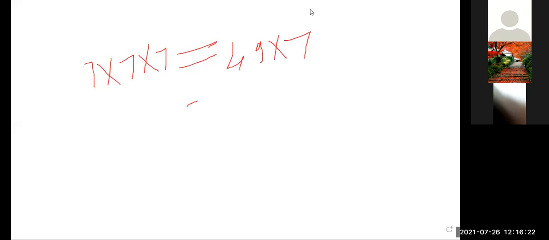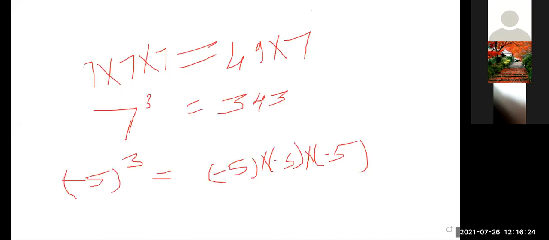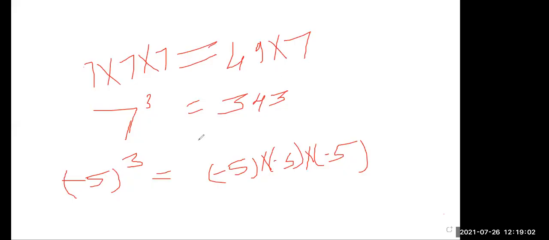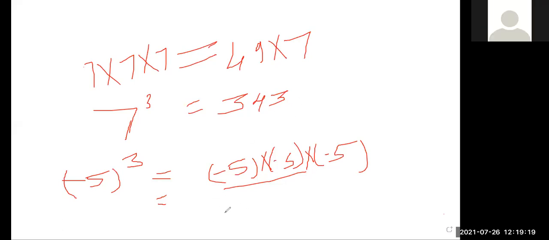Hey, who's speaking in the middle? Now, here we have to take the cube of minus 5. So minus 5 into minus 5. Let's recall what we have just seen: any negative number's square is always positive.